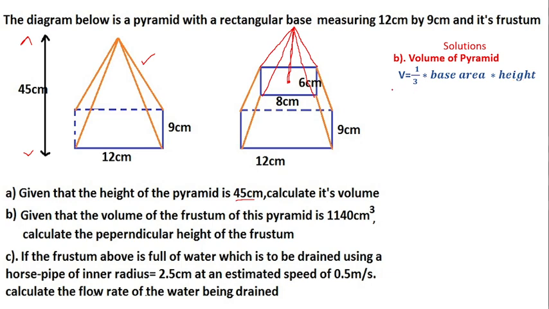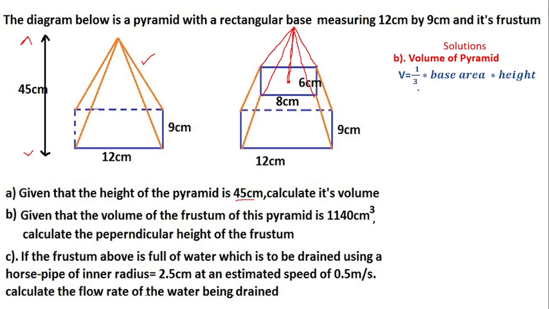If any of you have questions on why the formula is 1/3, just pause the video and scroll up through my videos, and you will find how this formula uses 1/3 and why we use 1/3 in front.